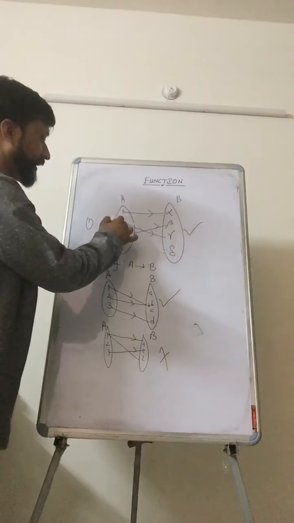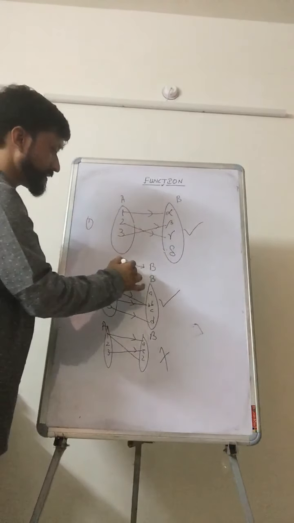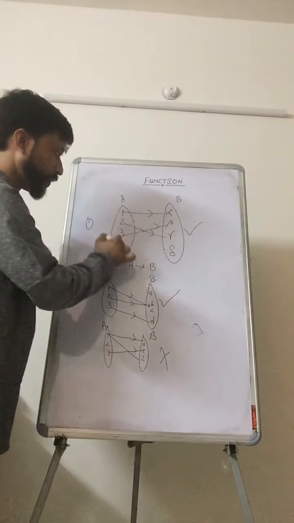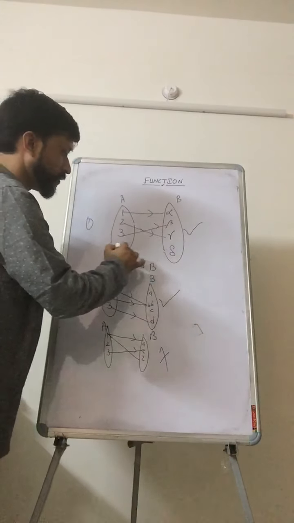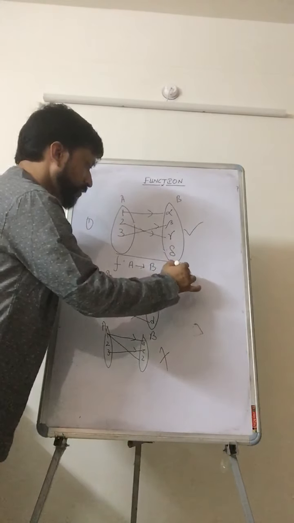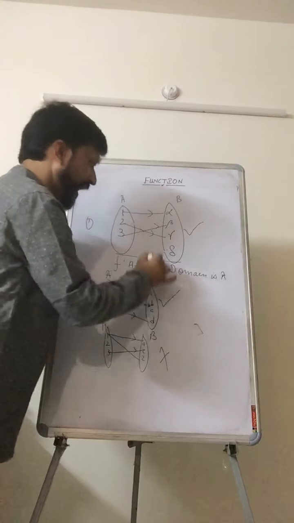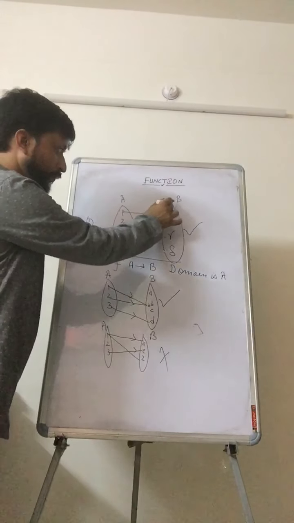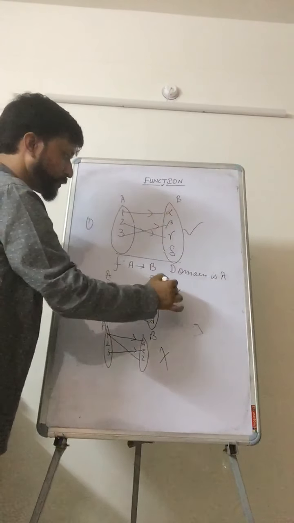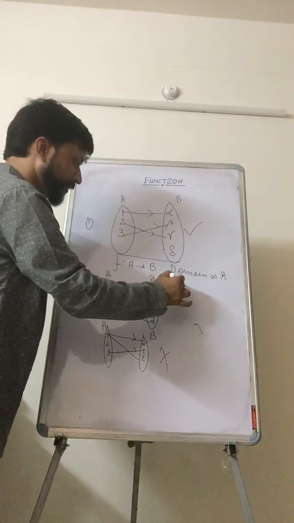Now, set A, from where the mapping has started, is called your domain. So for this function, the domain is A, and it is linking with members of set B, so set B is your codomain.